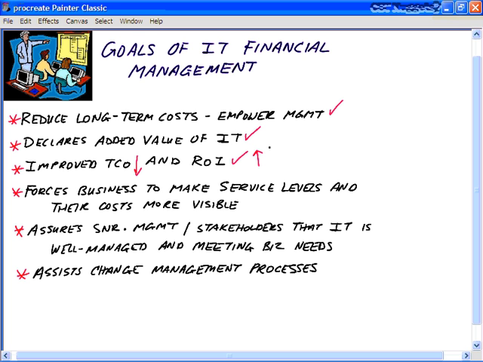It's going to assure senior management and the stakeholders that IT, not "it", but information technology, is being well managed and that it's meeting the business needs, which is first and foremost the main goal. Remember, acquiring new hardware and software isn't just for the sake of being cutting edge or bleeding edge to feed the hunger of IT professionals.